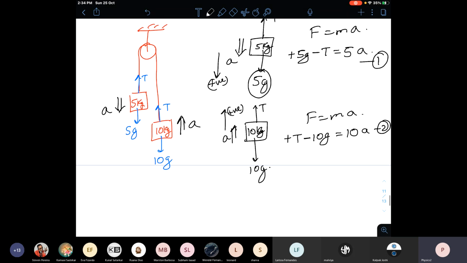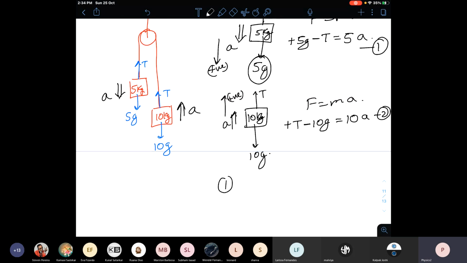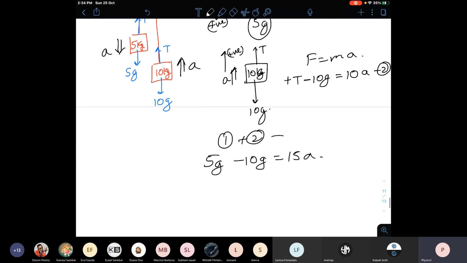If you add these two, 1 plus 2, you will have 5g minus 10g equals 15a. Okay, so if you solve this, you will have minus 5g equals 15a. a equals minus g by 3.